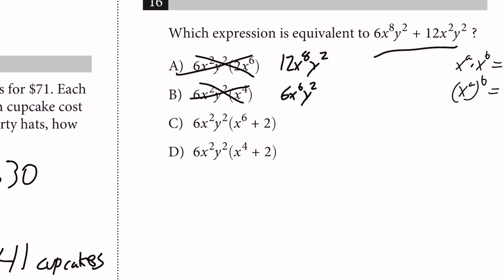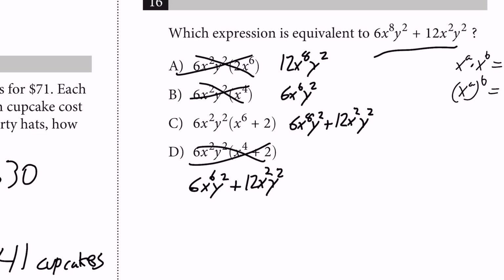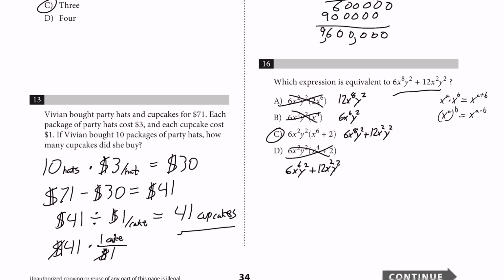Again, not equal. Here, we're going to distribute when doing the addition. So we're going to get 6x to the 8 y squared plus 12x squared y squared. And we check and we see that actually is what we're looking for. But just to confirm, we can do answer choice D as well. That's going to give us 6x to the 6th y squared plus 12x squared y squared, which is again not what we're looking for. So C is going to be our answer.